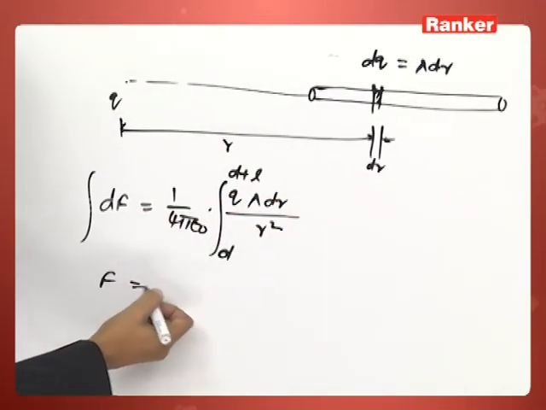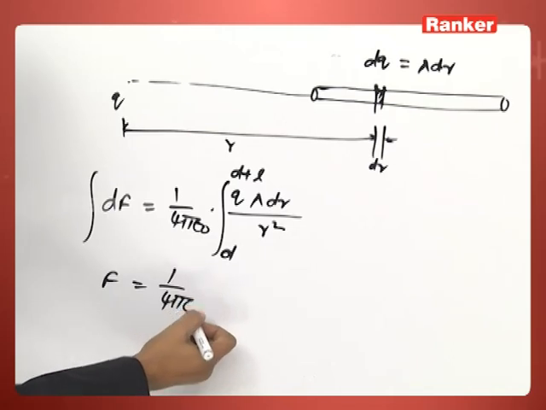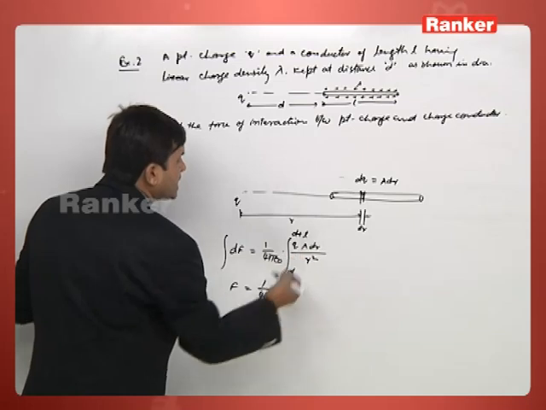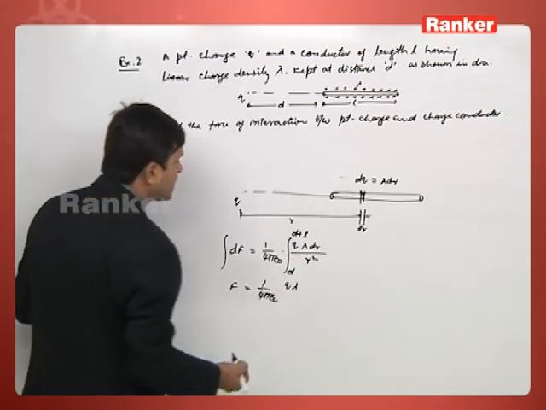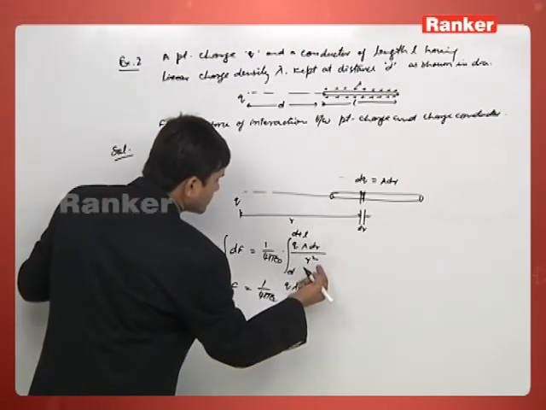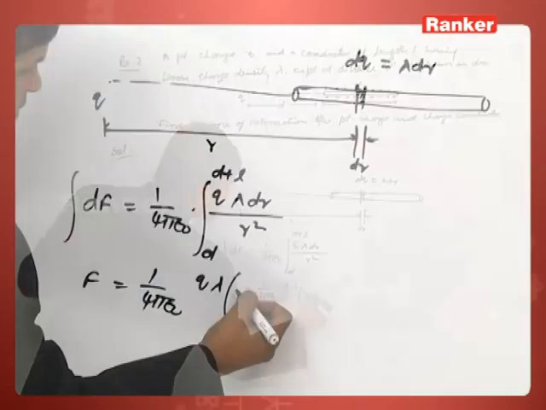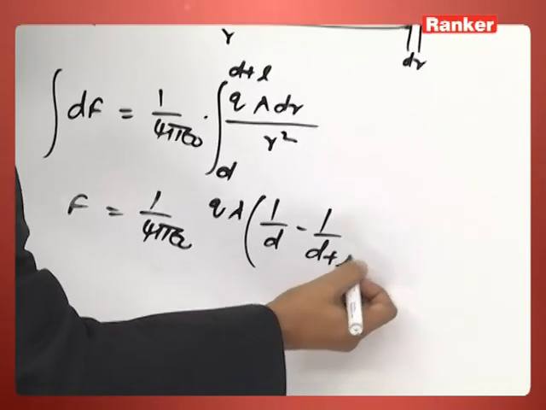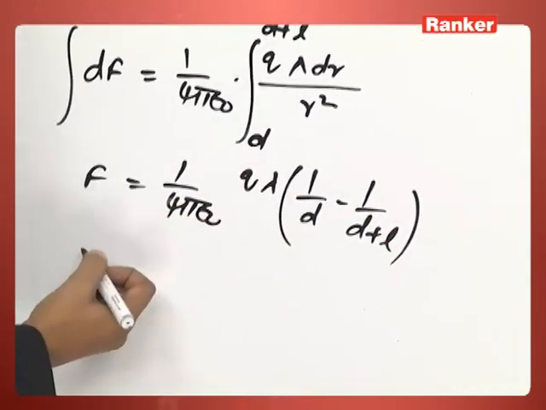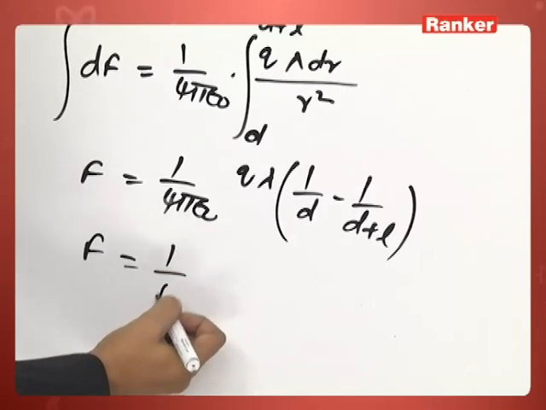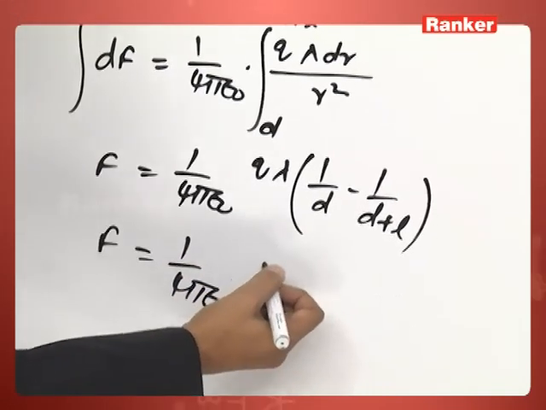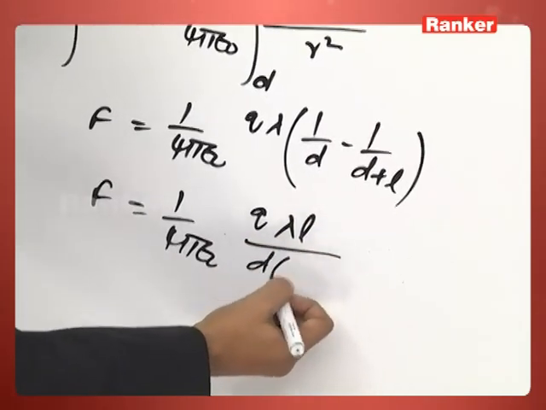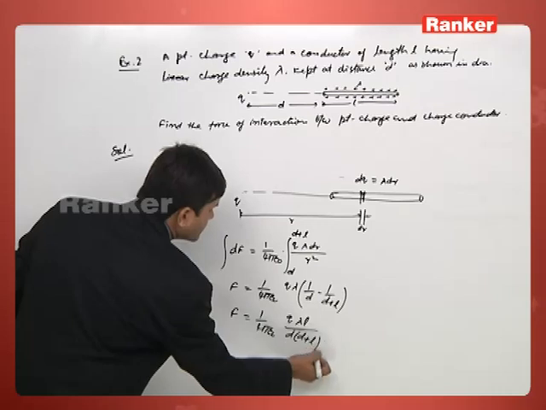So F is 1 by 4 pi epsilon naught, q into lambda, integral of dr by r square, which gives 1 by d minus 1 by d plus l. So finally we can write 1 by 4 pi epsilon naught, q lambda l by d into d plus l.